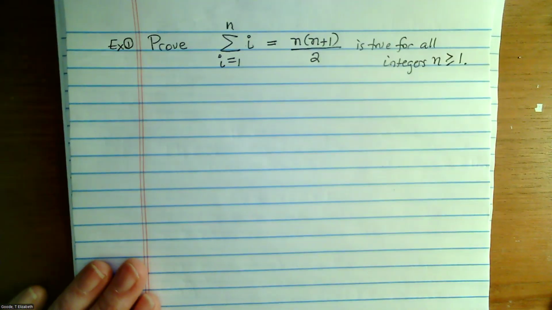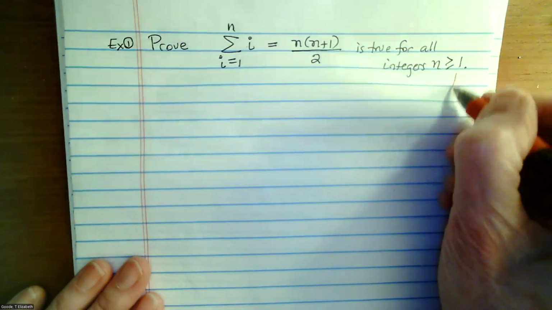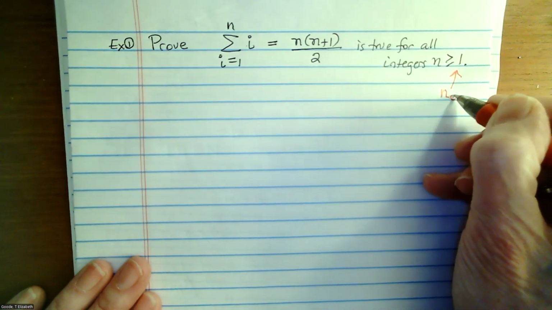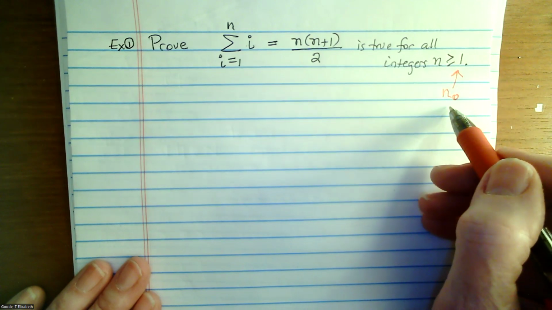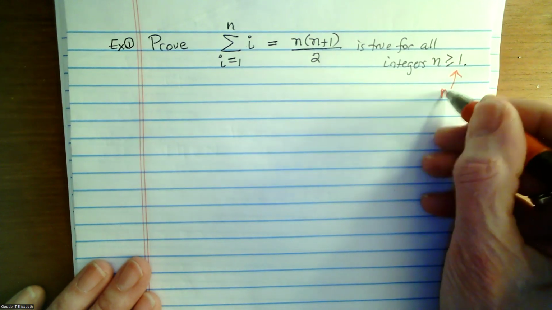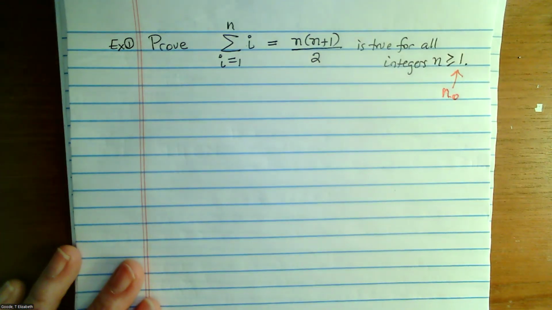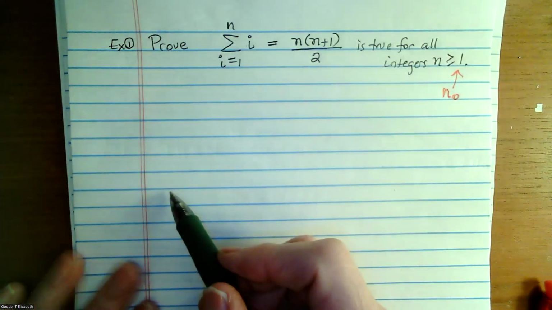Now we are told that we are to prove it for all integers n greater than or equal to 1. We are being told to start at 1. We are being told the value of n naught, okay? So you should be aware of that. You'll always be told where to start. The other thing to realize is that this is an equation that we're going to be establishing.